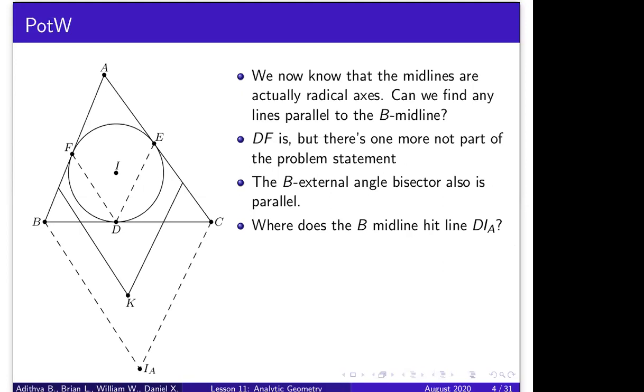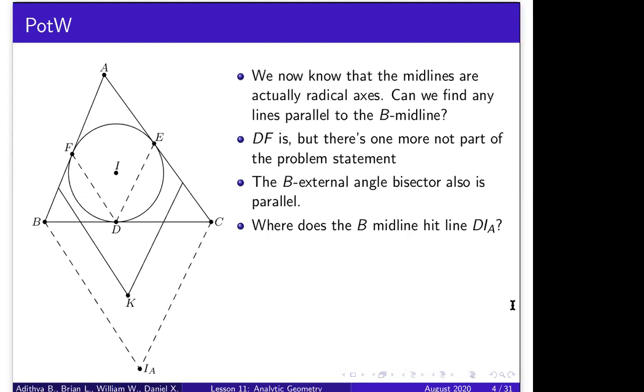Yeah, the midline is going to hit it at the midpoint, because if we look at triangle DBIA, the B midline is parallel to BIA, and it also bisects the line BD. So it's actually also a midline of DBIA. So this tells us that the B midline is going to hit DIA at the midpoint.